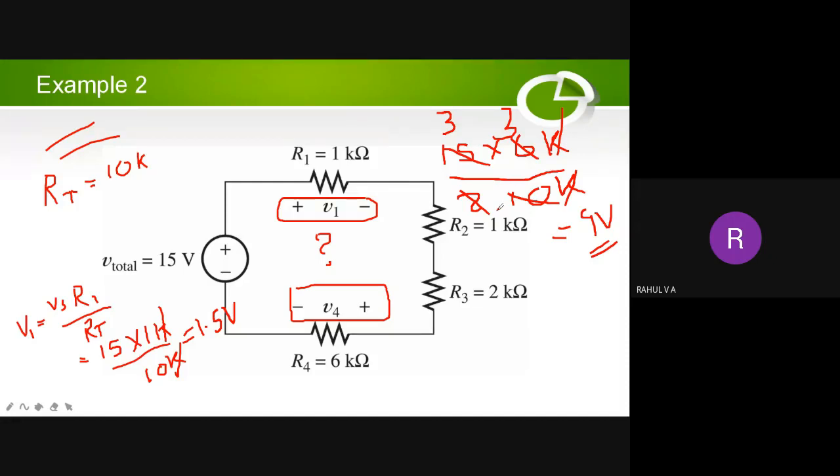Now tell me, okay, without formula, without using the voltage divider formula, can you tell me what is the voltage drop across R2 and R3?